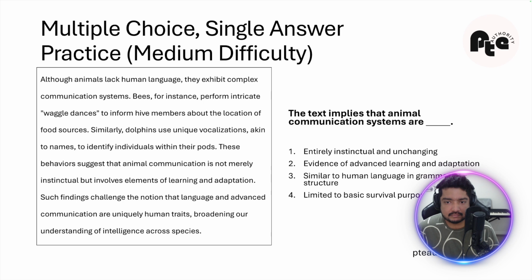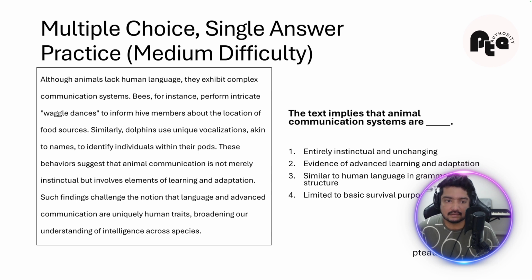So, in my head, the text implies that the animal communications are more advanced than what we think. Language and advanced communication is not unique to humans.